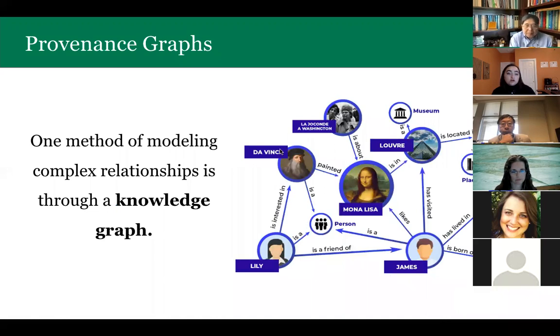So data provenance we can model as a graph because a knowledge graph is a really great way of modeling complex relationships. So this is an illustration of a knowledge graph. You have people, you have historical figures, you have museums, you have locations. There's a lot of heterogeneity going on in this graph. So that does represent the system when we think about it.